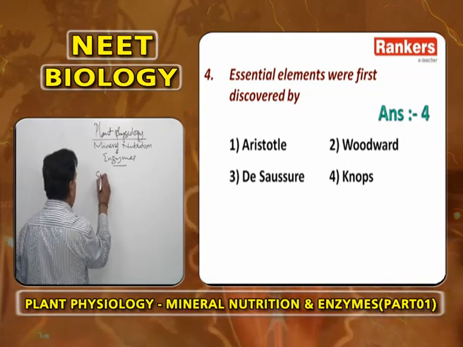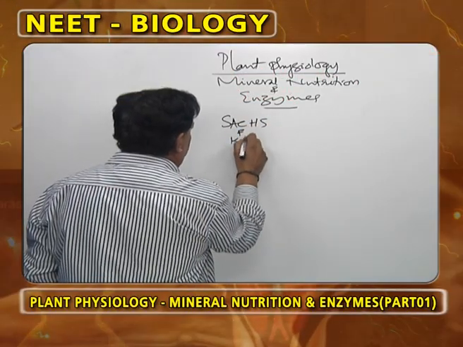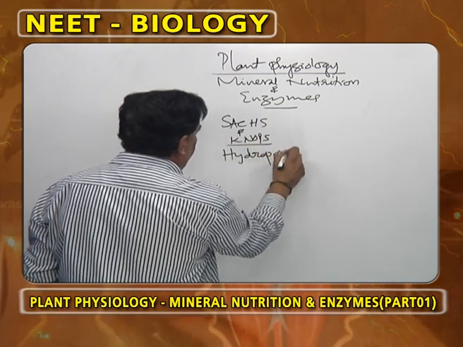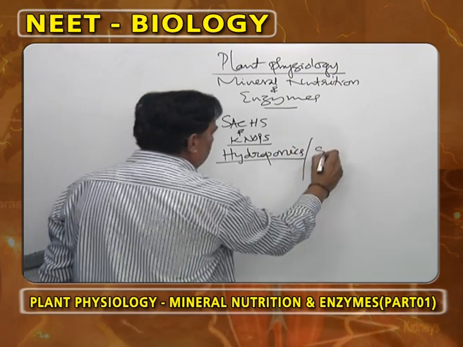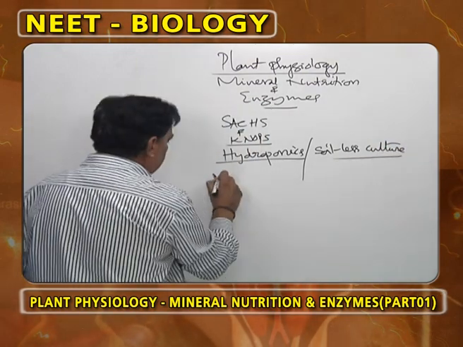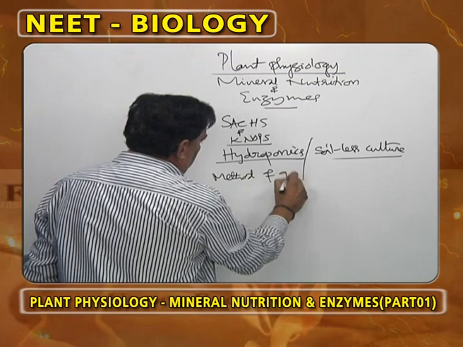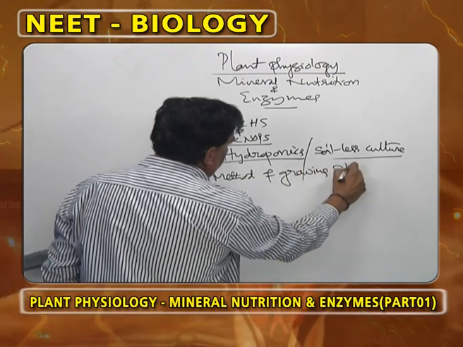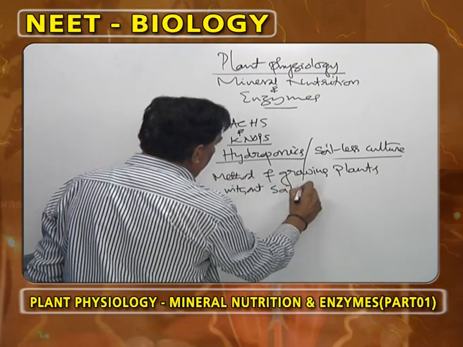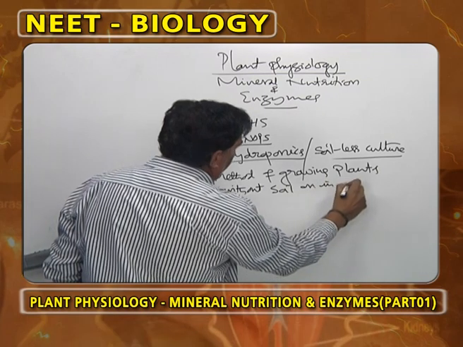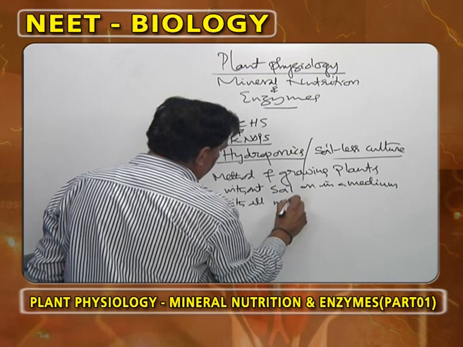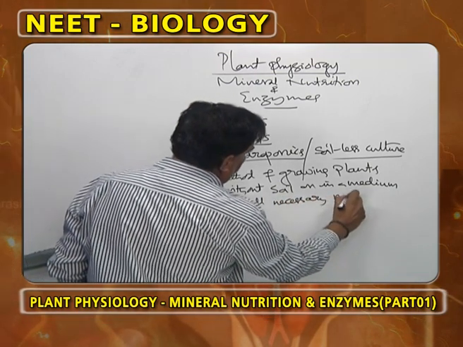Sachs and Knop proposed a concept called hydroponics. Hydroponics is also called soilless culture, that means the method of growing plants without soil, in a medium with all the necessary nutrients.